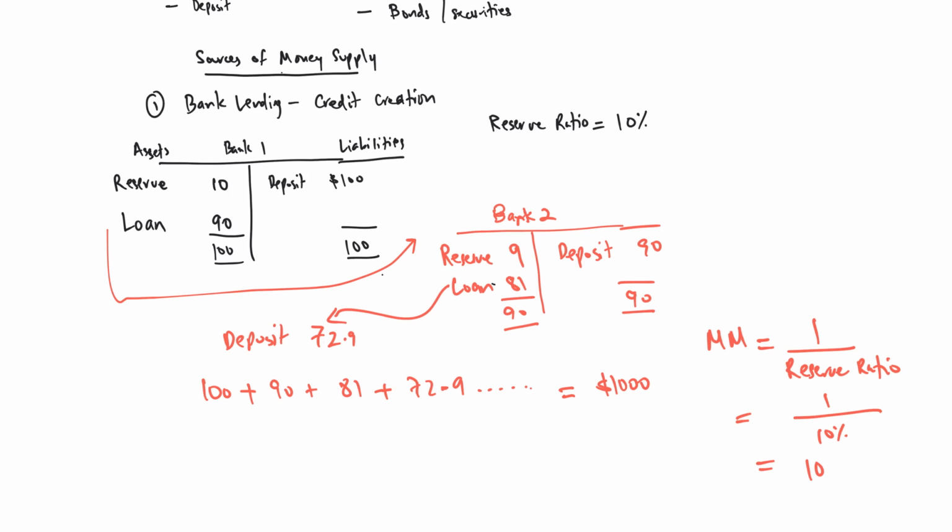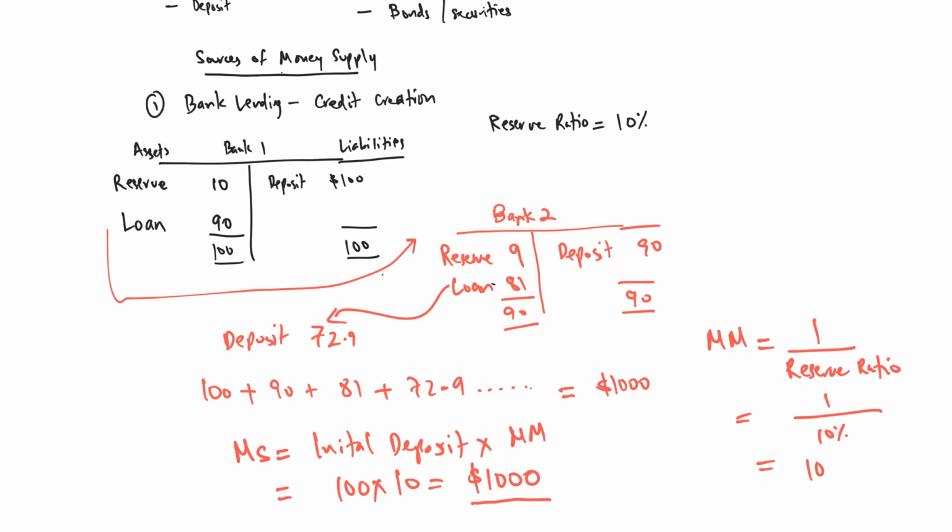So what we say is that your total money supply from this initial deposit would be: money supply equals initial deposit times money multiplier, which is initial deposit 100 times money multiplier 10. So total money supply would be 1000. In other words, total deposits created for one single $100 deposit would be 10 times more, because the money multiplier is 10.